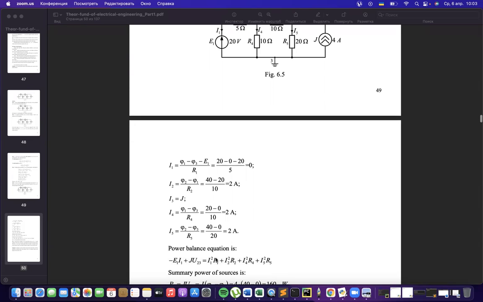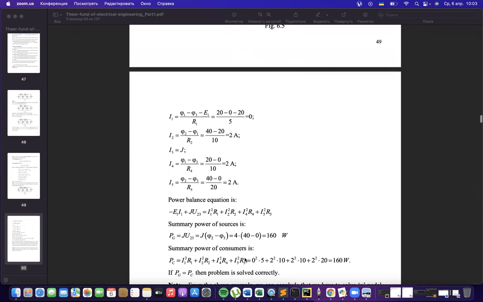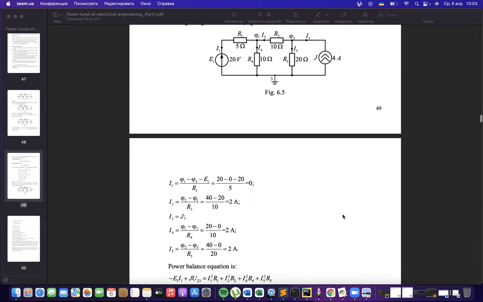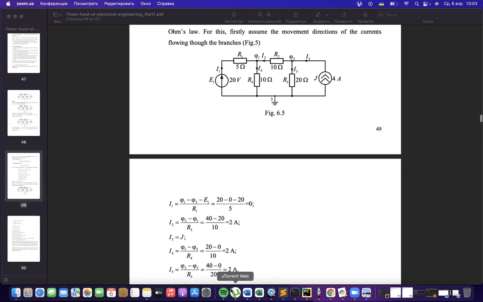And we can check it with the power balance. If everything is okay, we obtain the power balance for sources and the power balance for consumers. If they are equal, then we find everything okay. Also, we can check it with the value of current.